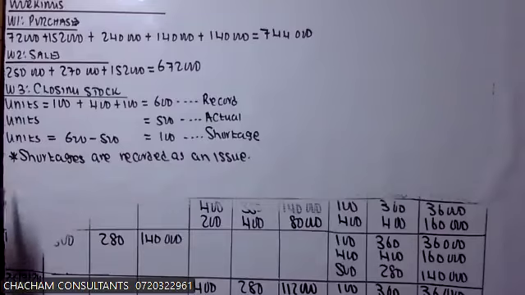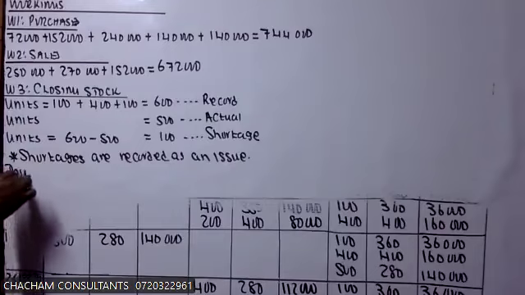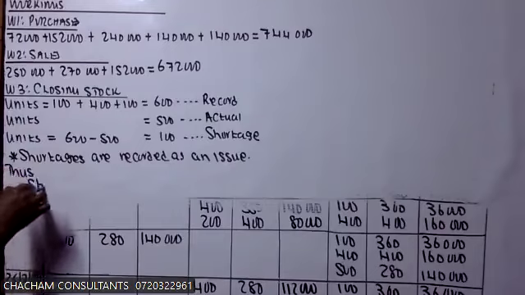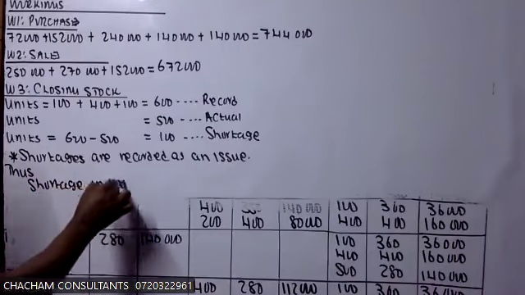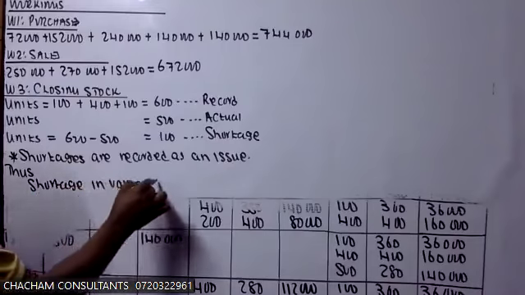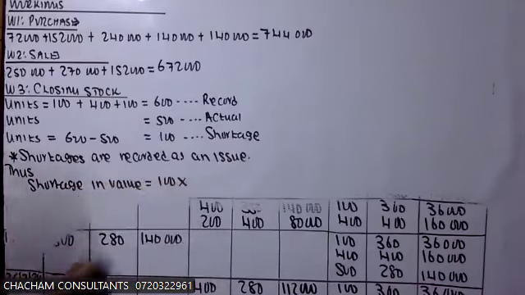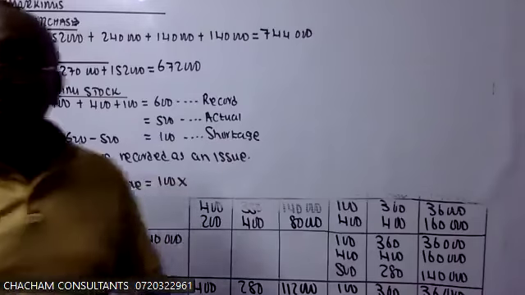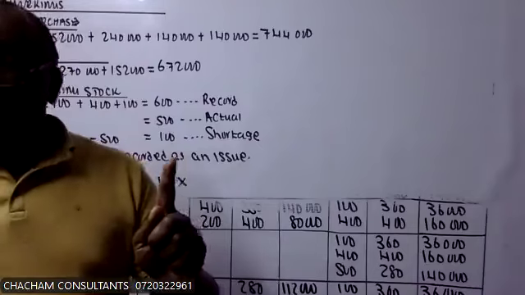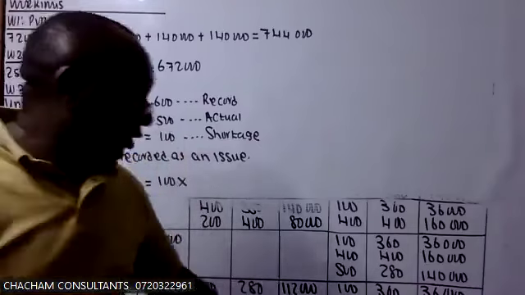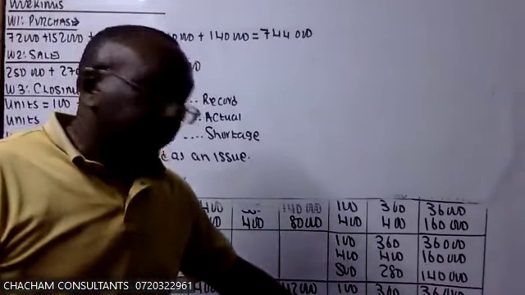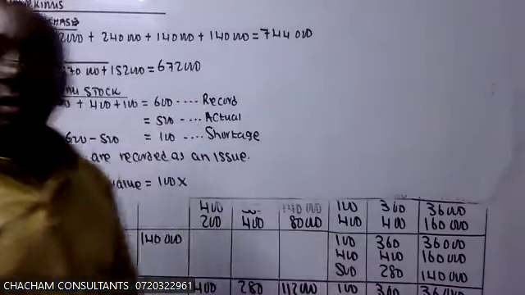Thus, shortage in value will be this 100. Because we are treating it as an issue, it will come from the last batch, of 280.